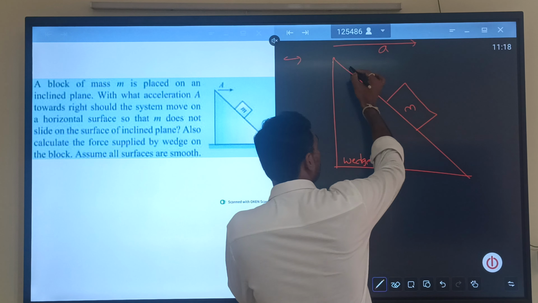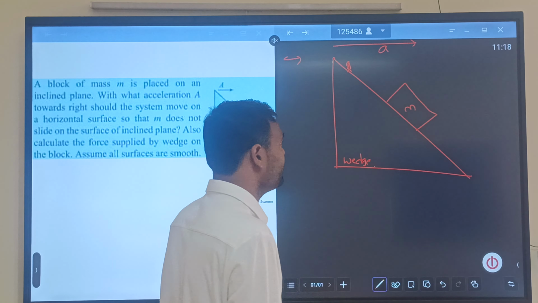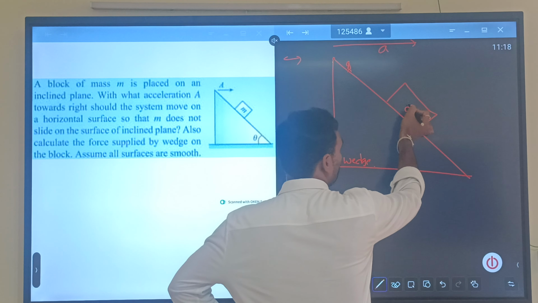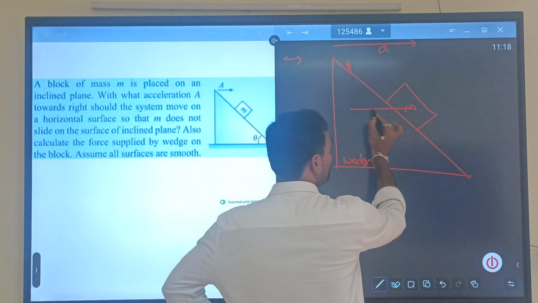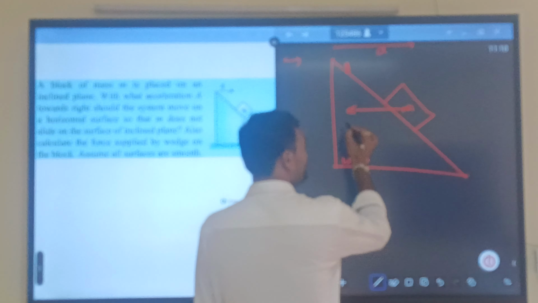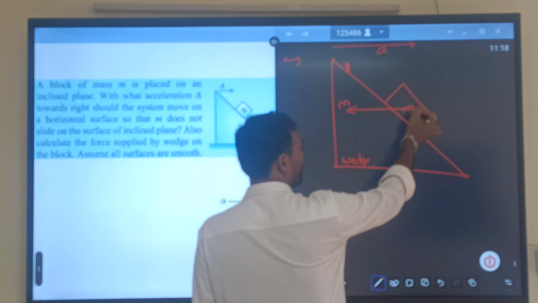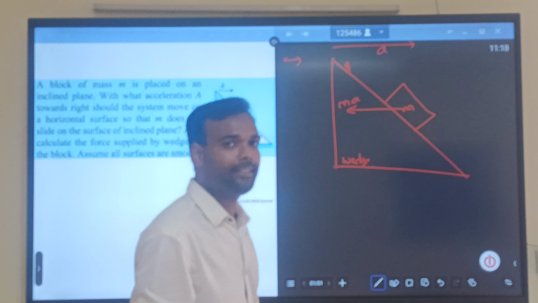Very good. Now let us see an observer on the inclined plane. He feels that this mass is attaining a pseudo force in the direction opposite to the direction of motion. The mass is m, the mass of the block, and the acceleration is the acceleration of the system.